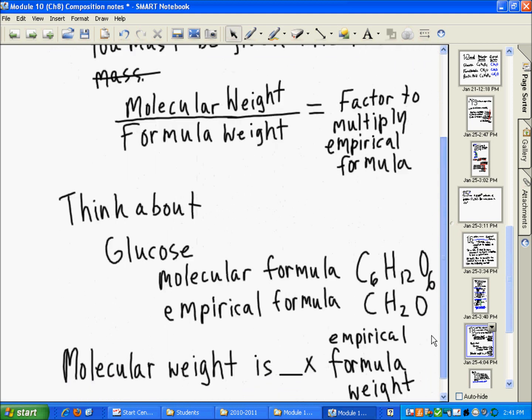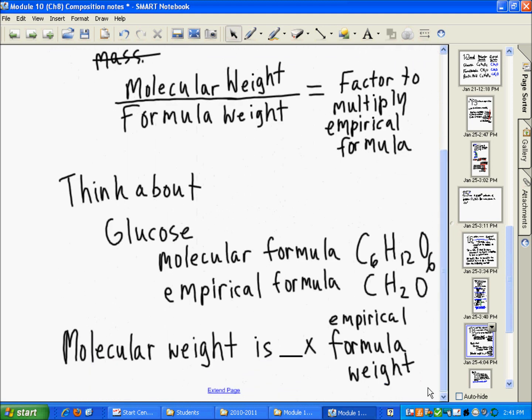What I mean by that is if we think about glucose, glucose has the molecular formula C6H12O6. Reducing it to lowest terms gives us our empirical formula CH2O. The factor is 6. So the factor between the empirical formula and the molecular formula is a 6.